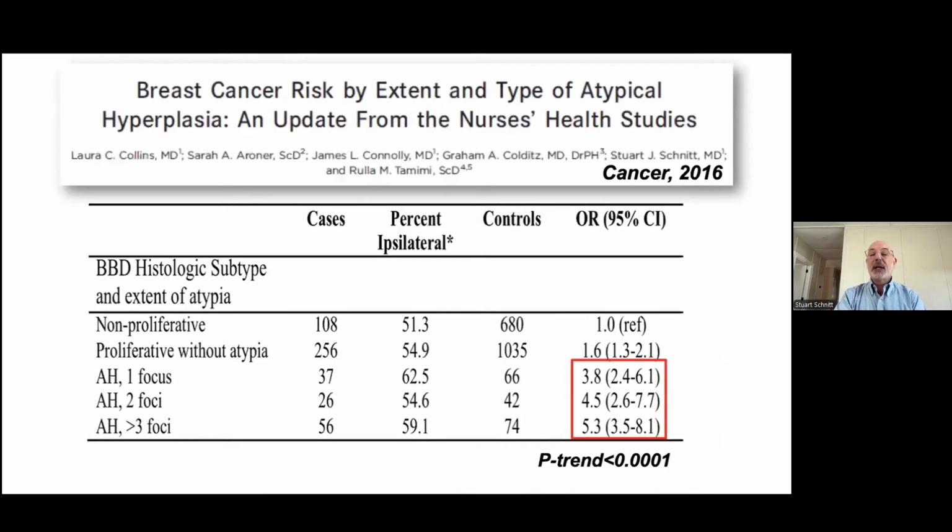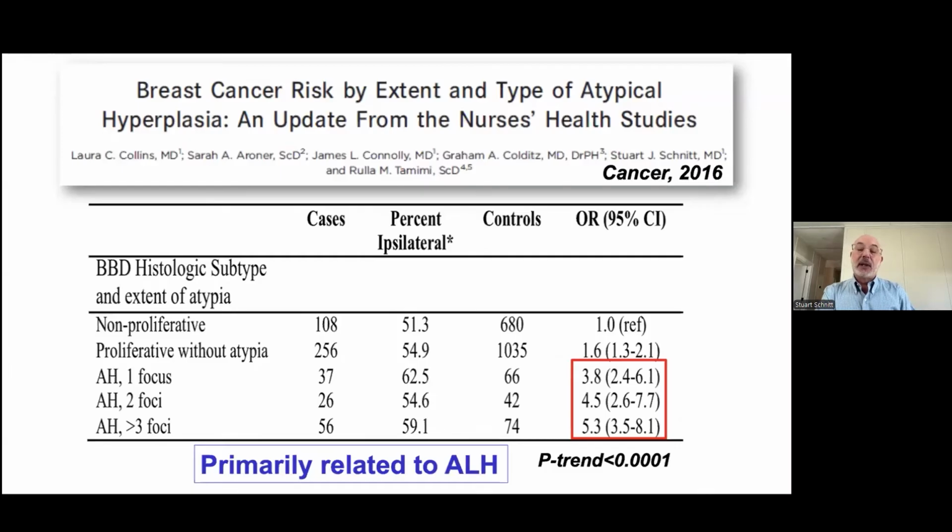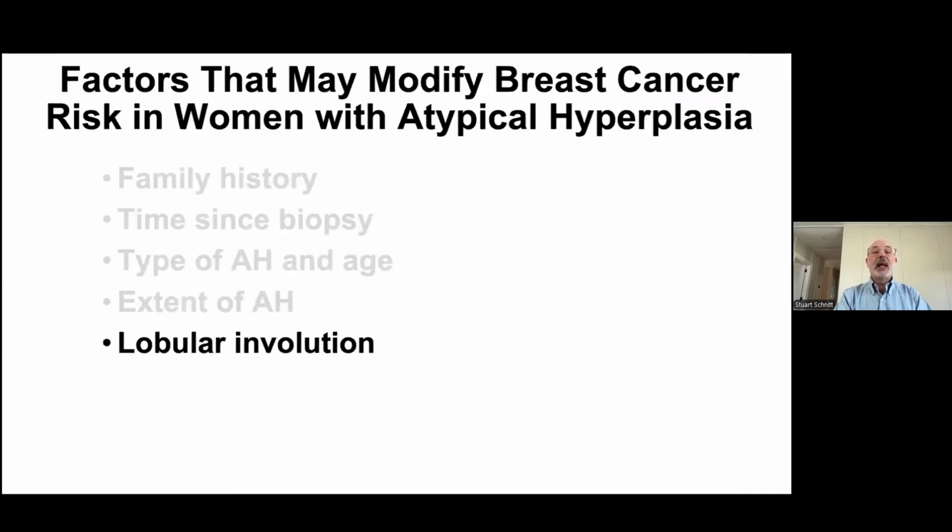We did a similar study in the Nurses' Health Study published almost 10 years ago, showing that there was a trend toward a higher risk of breast cancer among women with more foci of atypical hyperplasia, going from about 4 with 1 focus to 4.5 with 2 foci to over 5 with 3 or more foci. However, what we found in this study was that this was primarily related to atypical lobular hyperplasia, not atypical ductal hyperplasia.